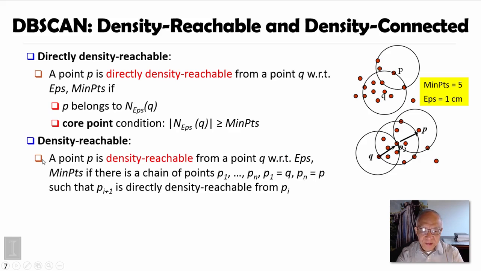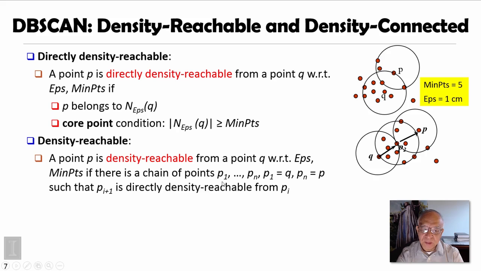Then we define another notion called density reachable. Density reachable means a point P is density reachable from a point Q with respect to the radius epsilon and minimum number of points if there's a chain, a transitive closure.